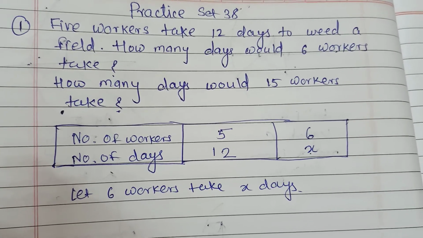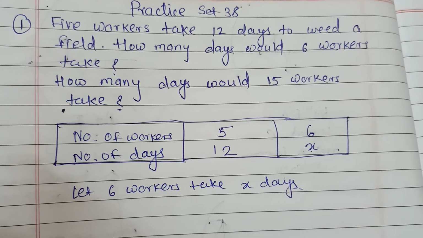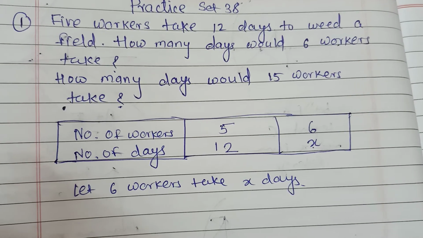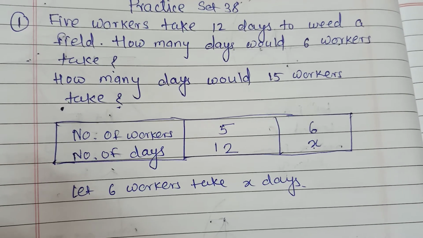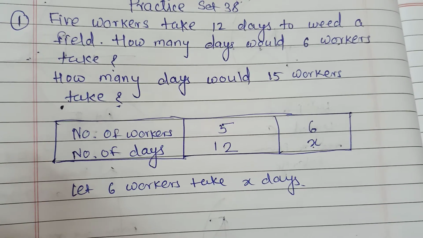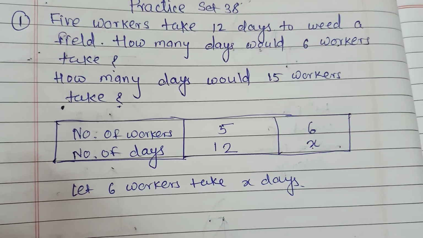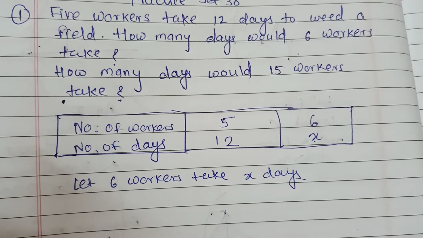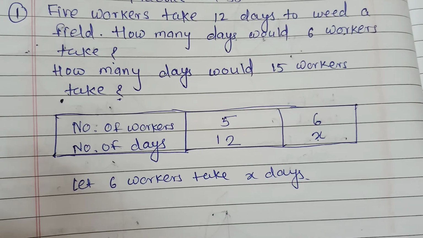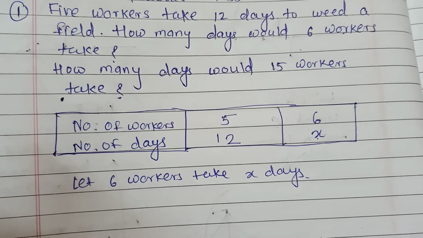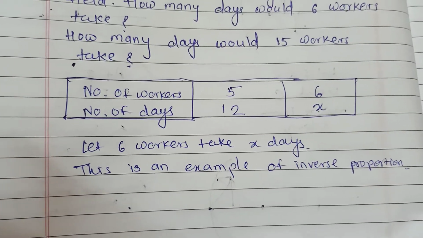If there is a question of number of workers and number of days to complete a work, it is always an inverse proportion, because if we increase the number of workers, the number of days required will be less, and if we decrease the number of workers, then we'll need more days to complete the work. So this is an example of inverse proportion.